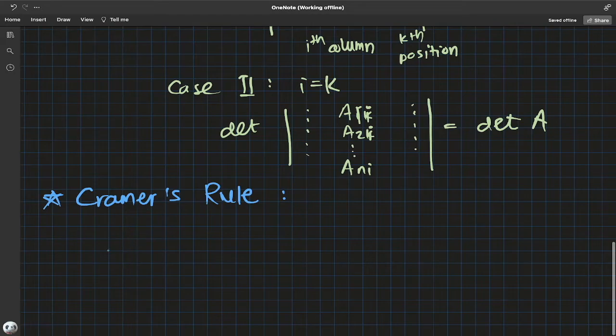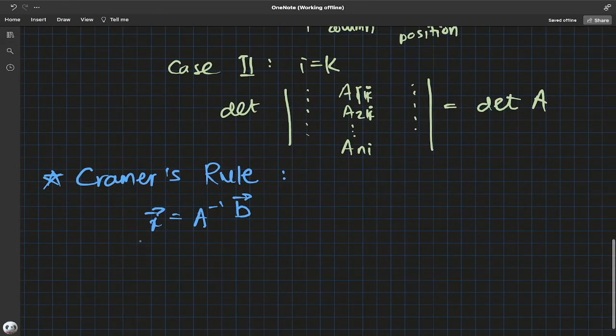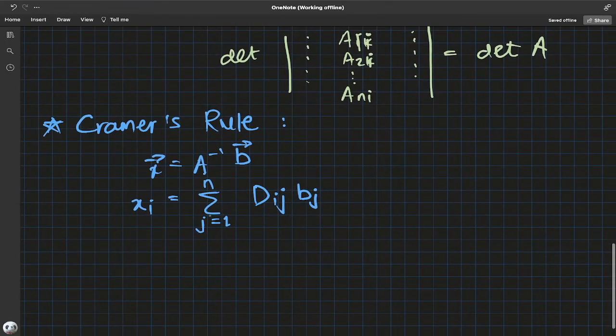So for this, we have x is basically A inverse acting on B. So x_i is the sum from j equals 1 to n of d_ij b_j, where d_ij are the elements of the inverse. Let's expand it for when i equals 1.